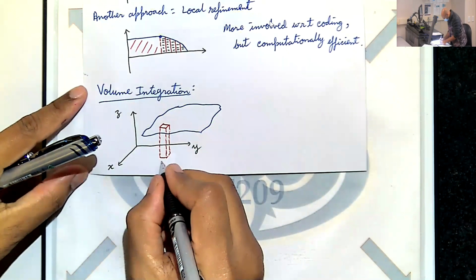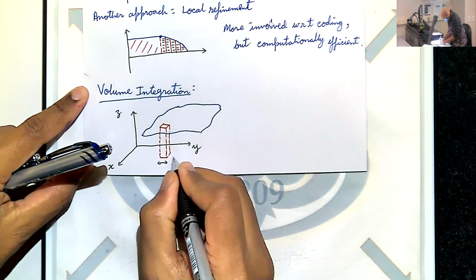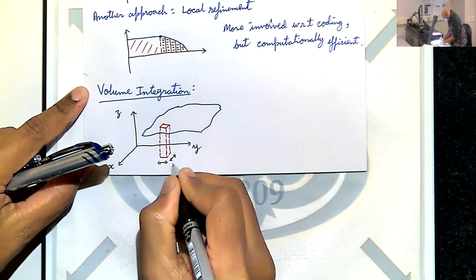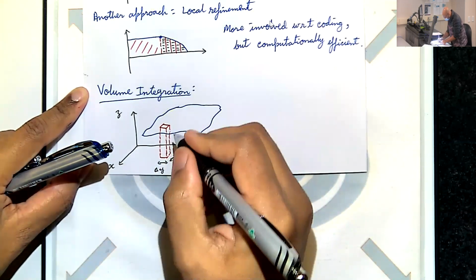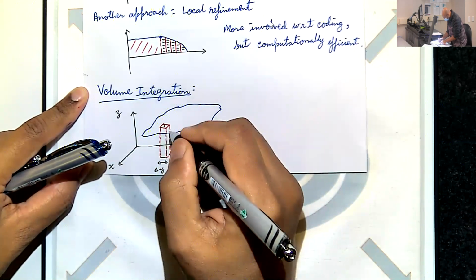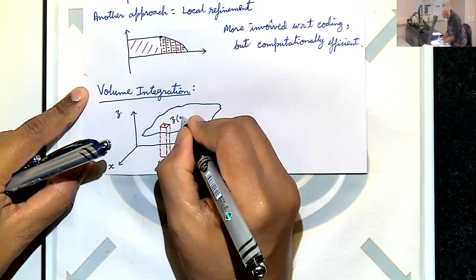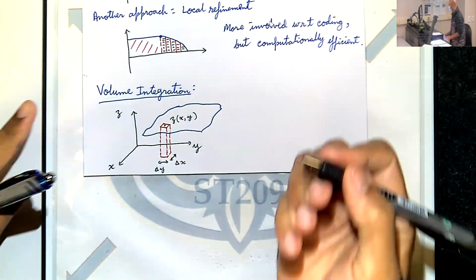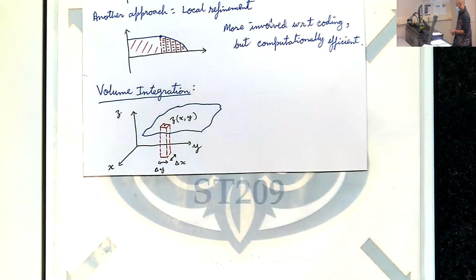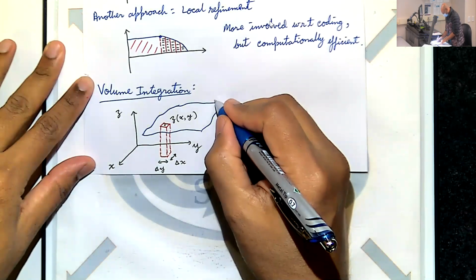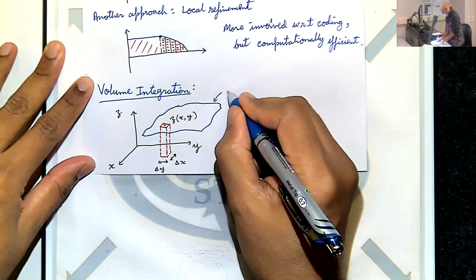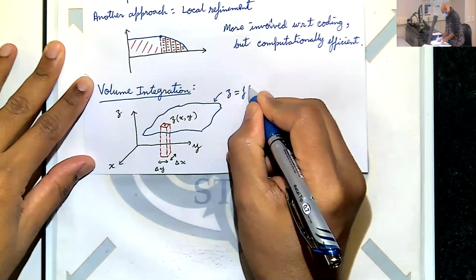First this would be delta y, that would be delta x. And of course, the height at this point is z of x comma y. If you're more comfortable writing this as z equal f of x comma y, that's fine too.